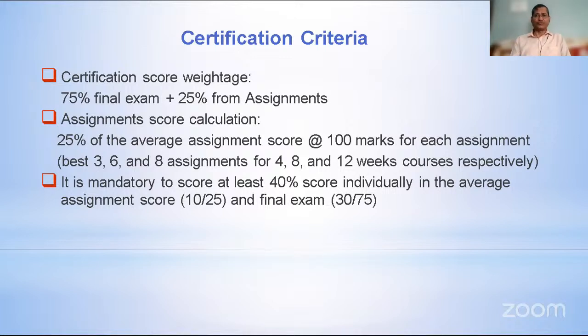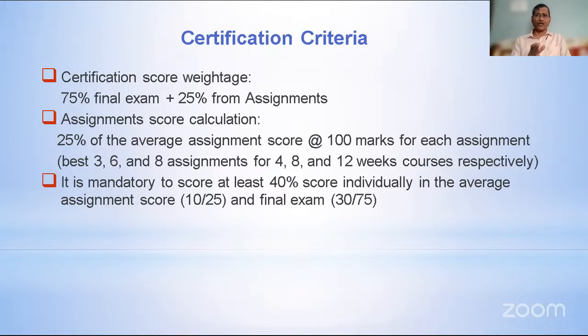What happens to you? Are you eligible to write the exam? Our answer is conditional. You should get at least 40% marks in the average assignment score and the final examination. In an 8-week course, you are supposed to submit at least 6.